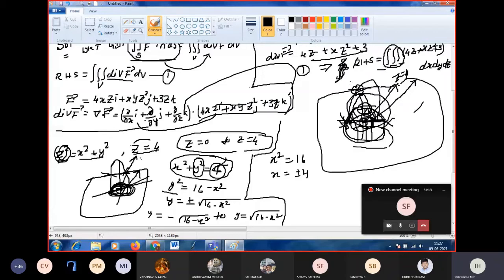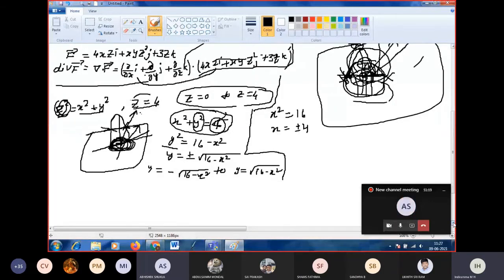Madam, why can't we put y equal to 0 on the x-axis, since the circle will also be passing through the x-axis? Yes, you can take y equal to 0, you will get the constant limit then. At that instant we get y equals 0 itself, either plus or minus, since we got x equal to plus or minus 4.